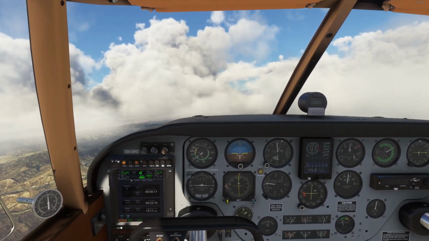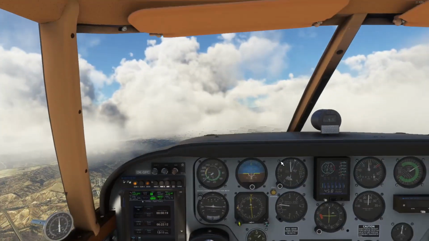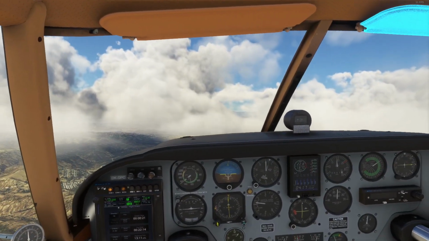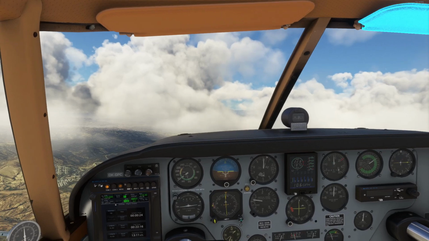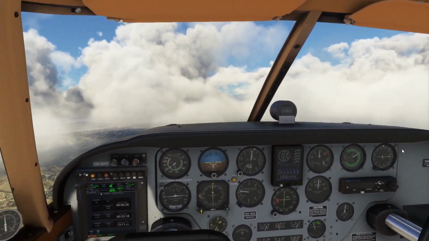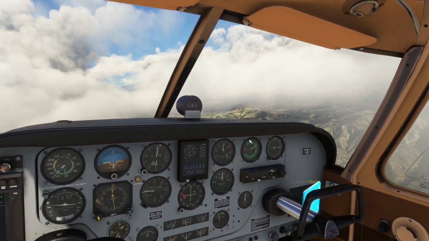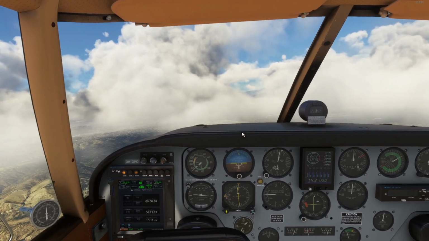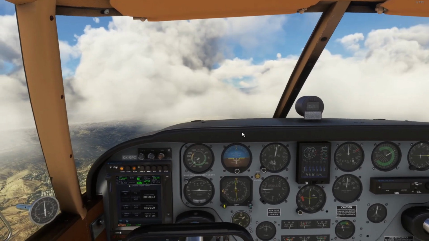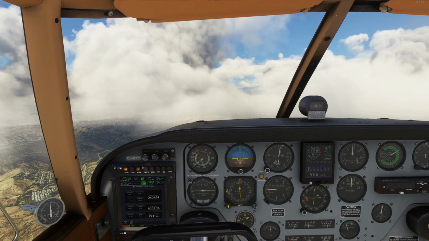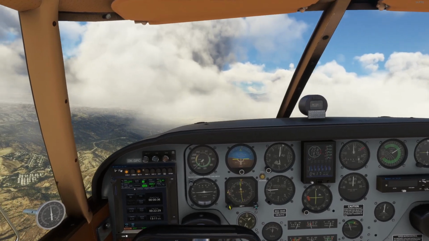And then we are flying all the way to the VOR, and then we are starting the VOR approach. That means parallel entry into the VOR approach with the inbound course of 053. We can descend in the hold there.